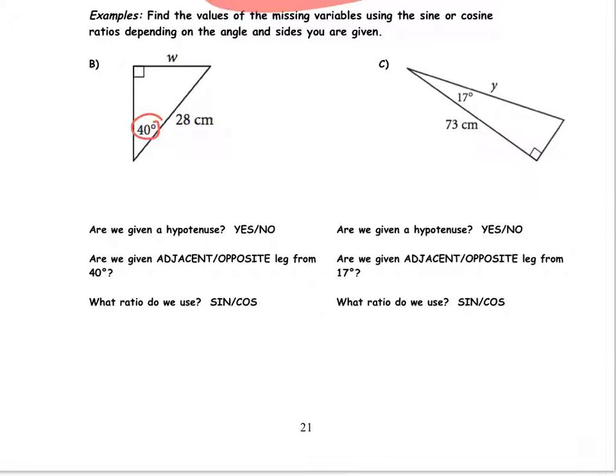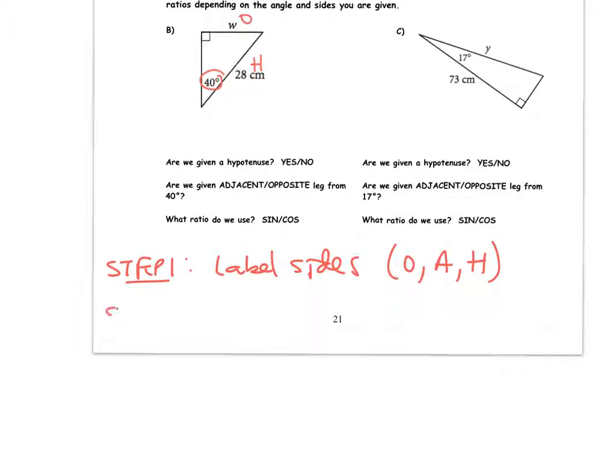The 28 side. Okay, good. What's the W? Opposite, okay? So the first thing that I always do, step 1, is I label sides: opposite, adjacent, hypotenuse, okay?